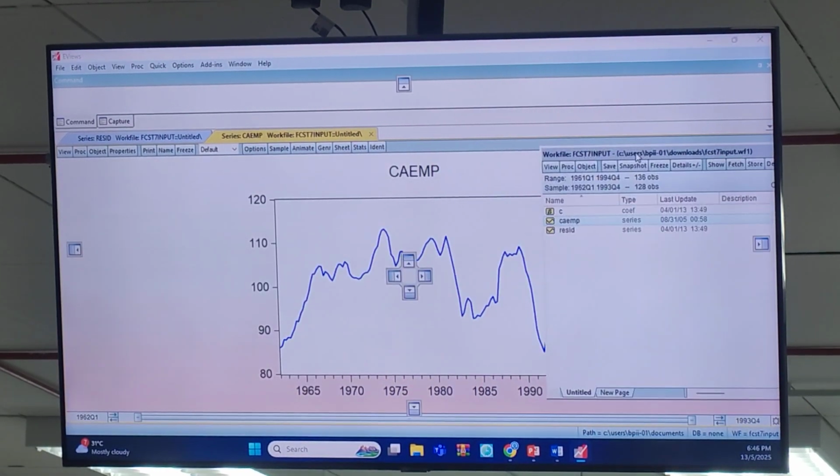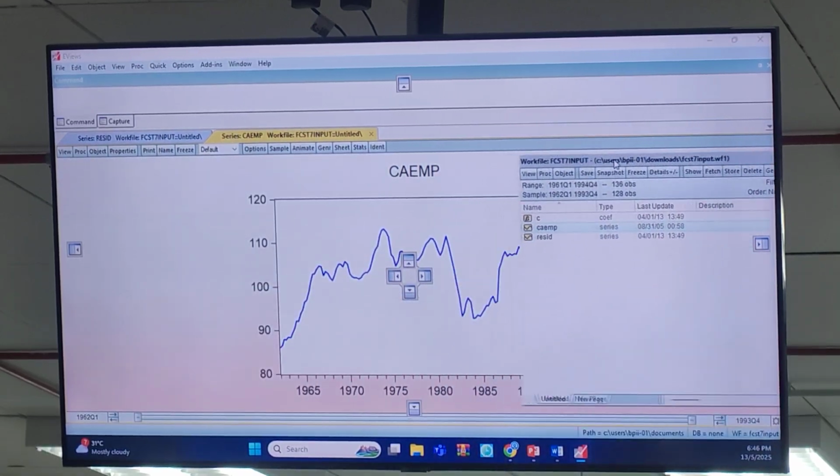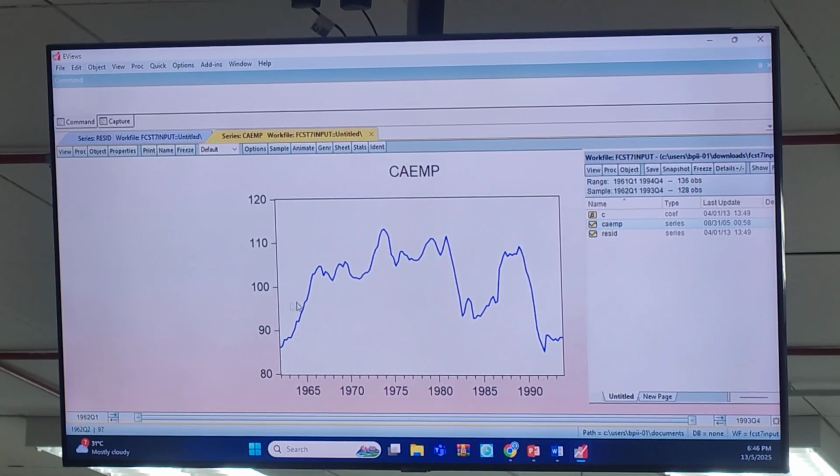So again, assuming that it is stationary, looking at the graph in terms of the mean, does it have zero mean or non-zero mean? It's not around 0, so non-zero mean. It is very likely that when you estimate a model, C is going to be significant, because as I mentioned before, C gives us an estimate of the mean of the series.